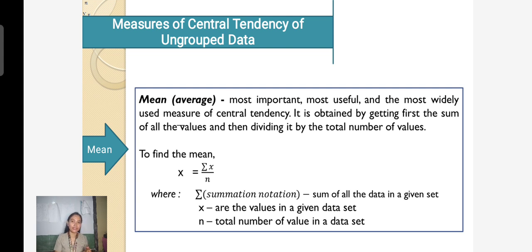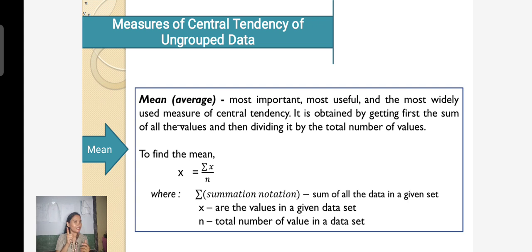Imong total ang tanan nimong final grado sa imong every subject: English, Math, Science, CSP, Filipino, TLE, API, and MAPI. And then, after getting the sum, you're going to divide it by 8.